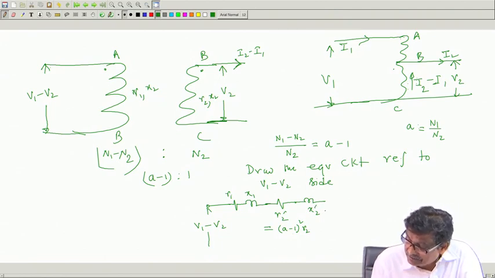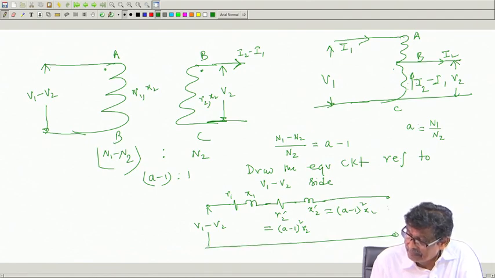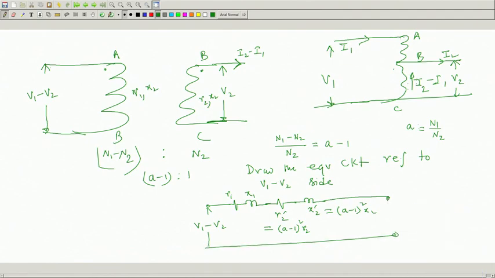Similarly, this X2 dashed should be equal to A minus 1 square into X2. Is not? What voltage should I write here? This V2, A times V2. So, I must write it here A minus 1 into V2, actual voltage V2, A times this.